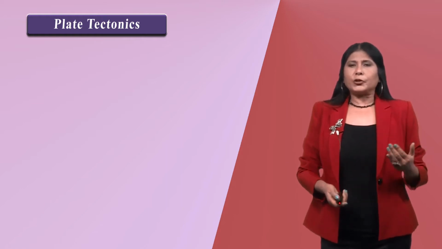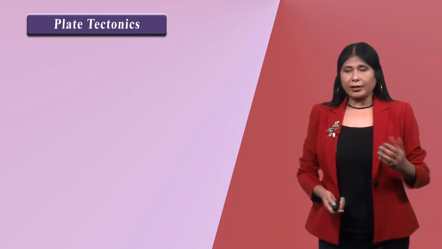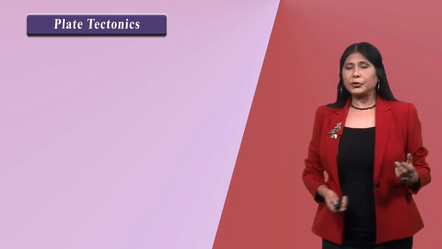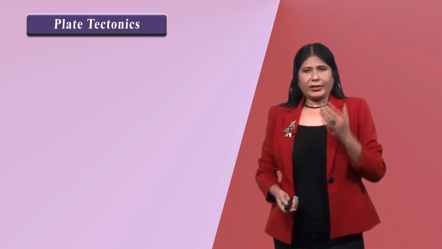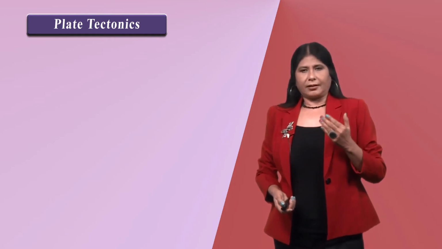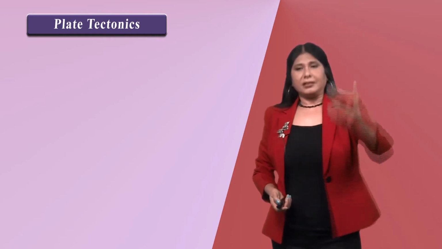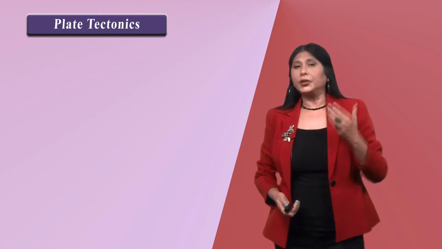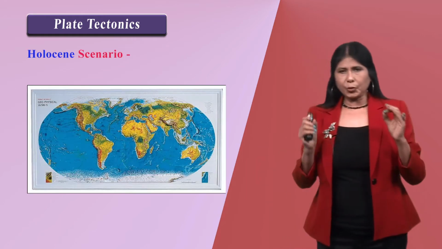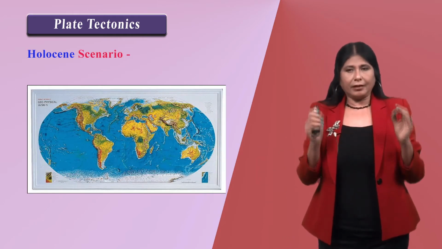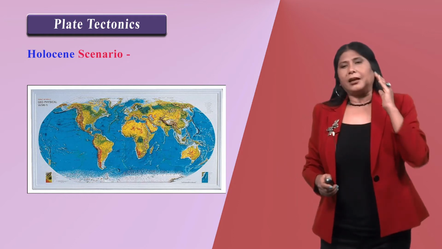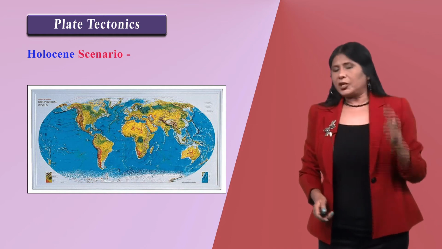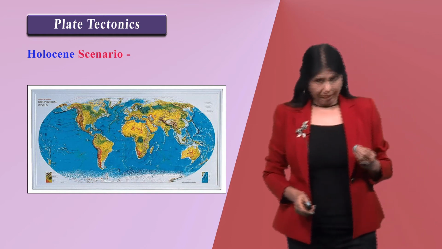And Paleozoic, Mesozoic and Cenozoic, these are the three periods of Phanerozoic and the divisions that we have. What is important for us is that during all these years, how was the earth behaving? Today is Holocene. The current geological period is called Holocene, and this is how the position of continents and oceans are.